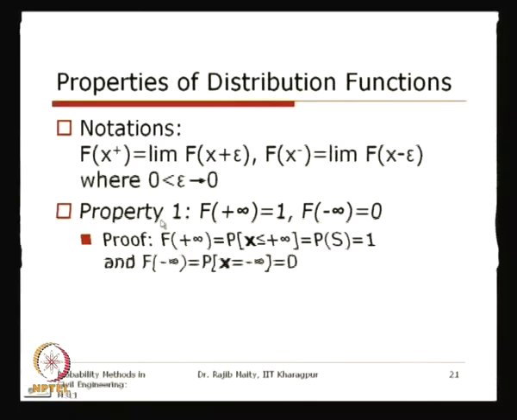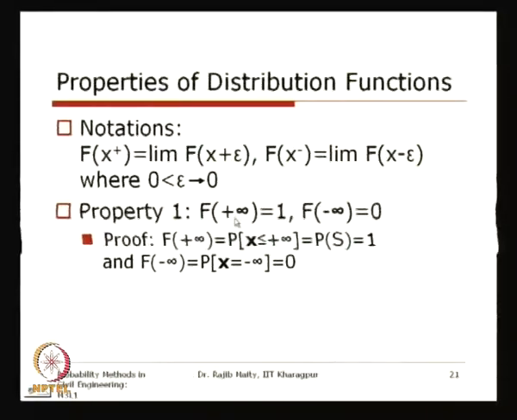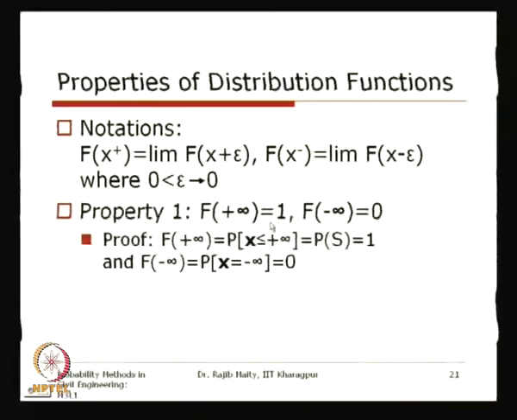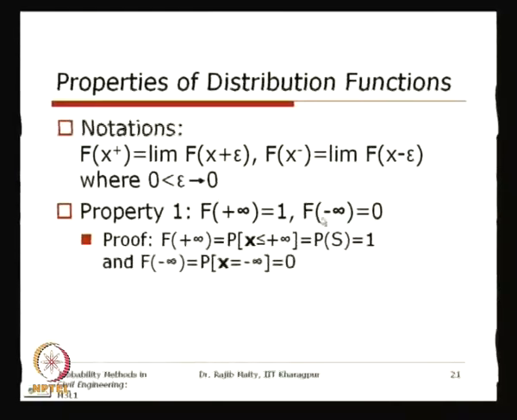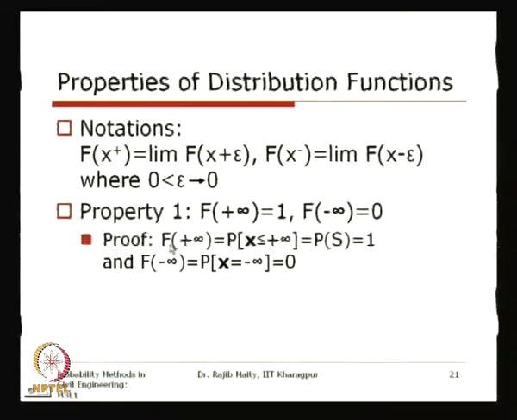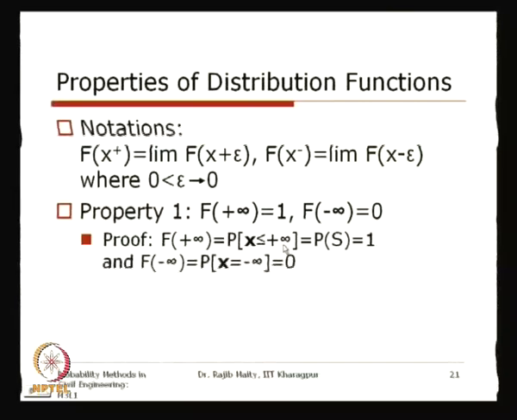So, property 1, the first property: the distribution function F of plus infinity is equal to 1, and F of minus infinity is equal to 0. So, at the right extreme of the real axis it is 1, and at the left extreme of the real axis it starts from 0. To prove this, F of plus infinity is the probability of X less than or equal to plus infinity.